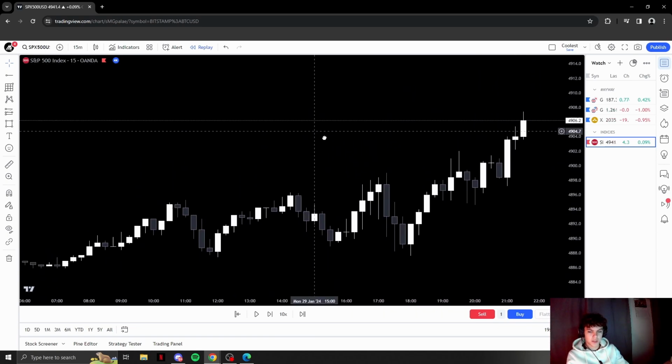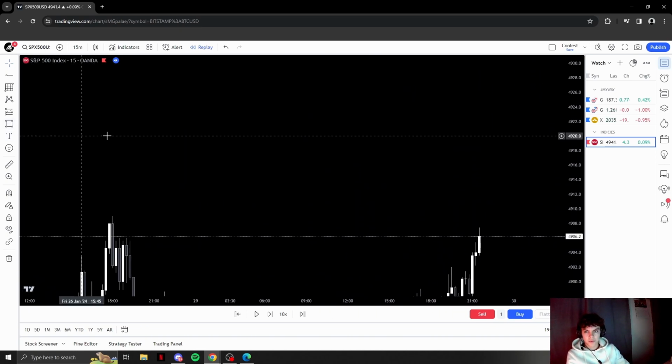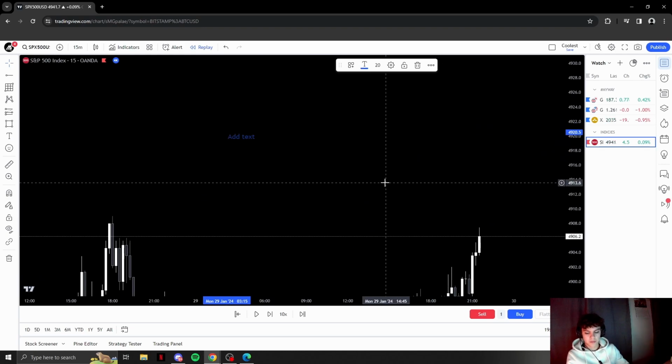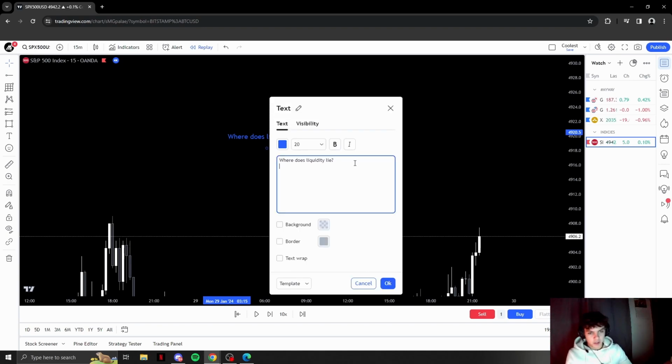So yeah, man. Okay, so let me just write. Where does liquidity lie? Okay, now where does liquidity lie? It lies just above equal highs and below equal lows.